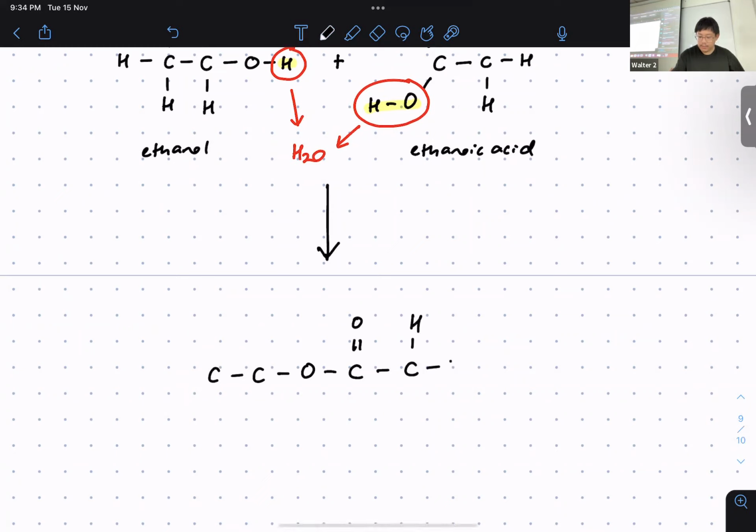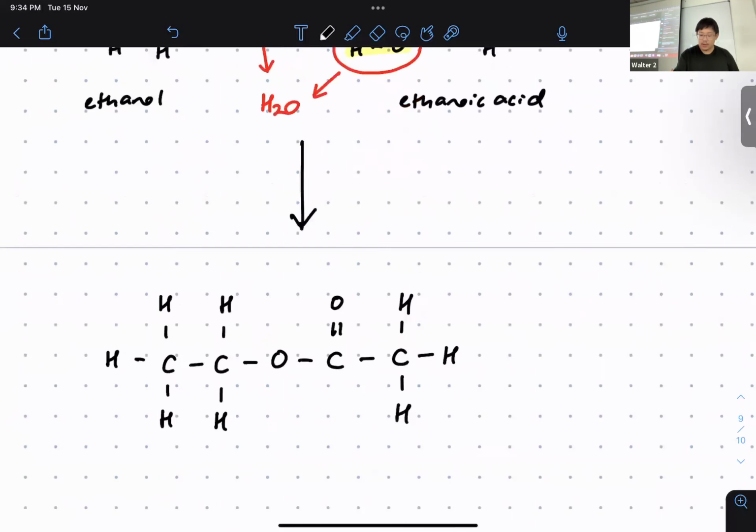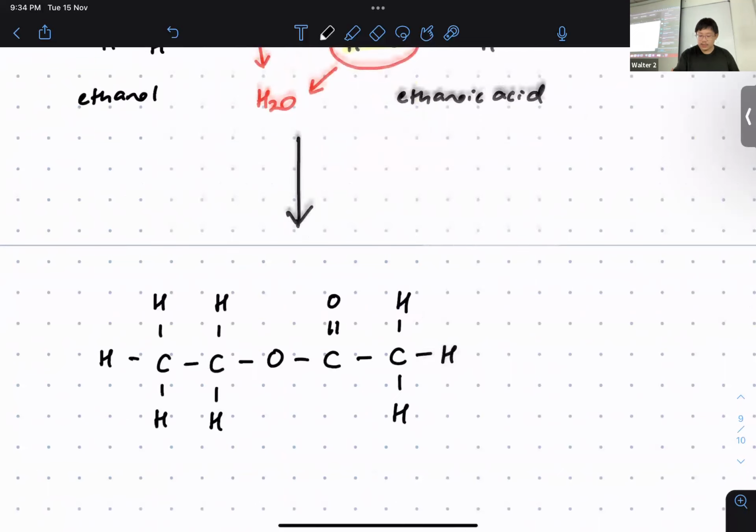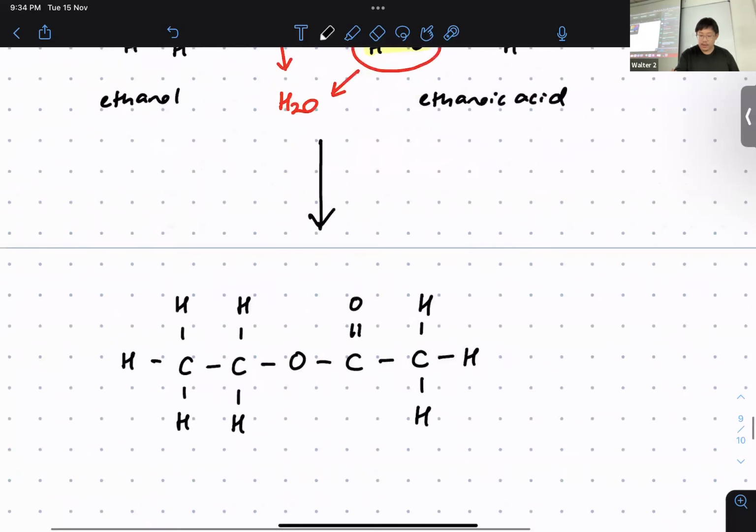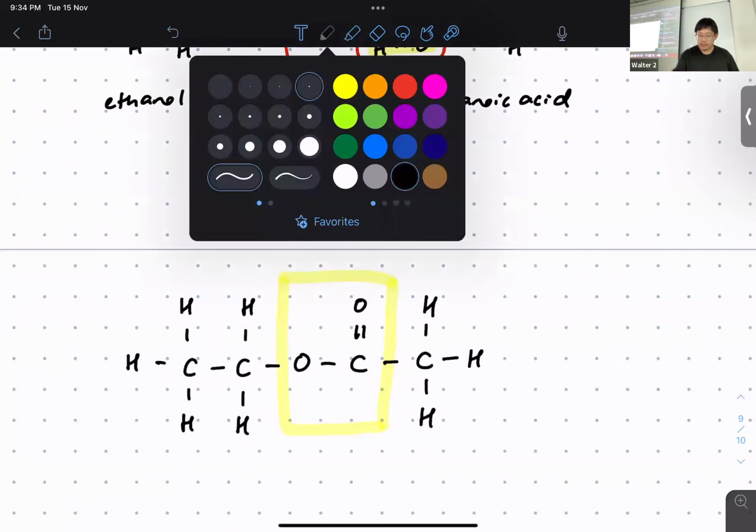So let's fill up the rest with hydrogen. And that's it. This is your ester structure. So this part over here is your ester linkage, or we call it the ester bond.